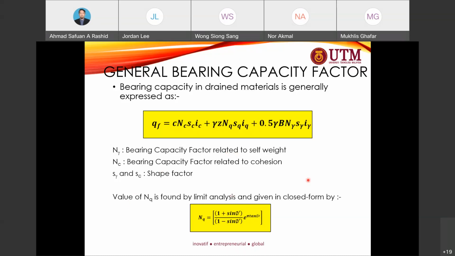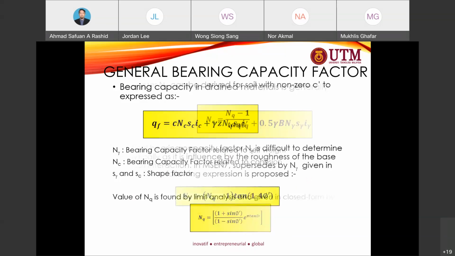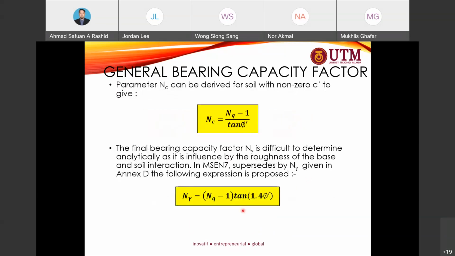So these are the common NC, either we can get from the table or we can use this equation to calculate NQ, NC, or N gamma. This is for N gamma, NQ, then we have NC, and also N gamma, similar to the approach in the Meyerhof under the British standard.